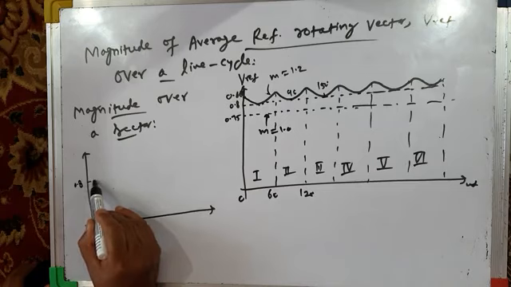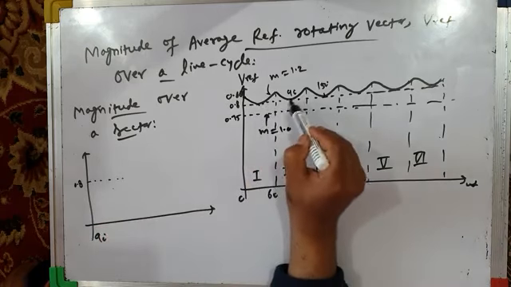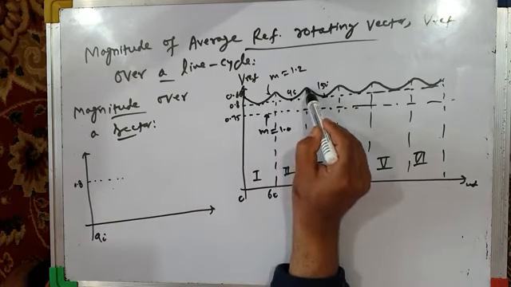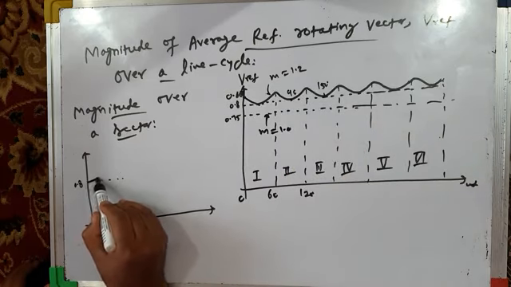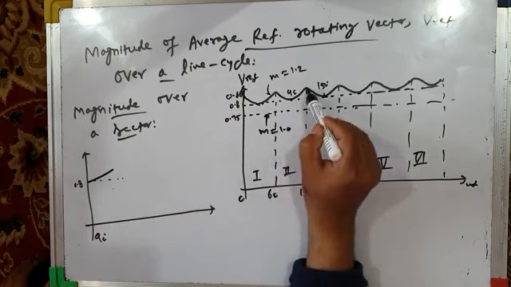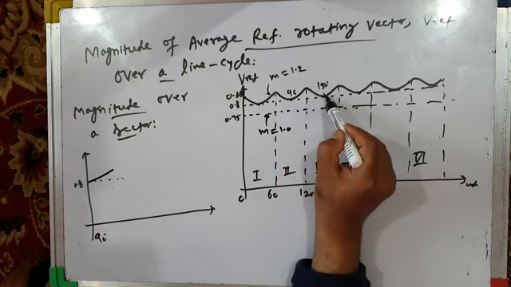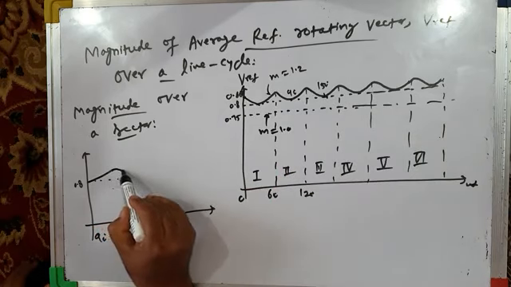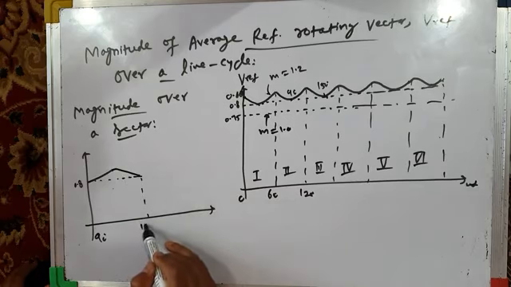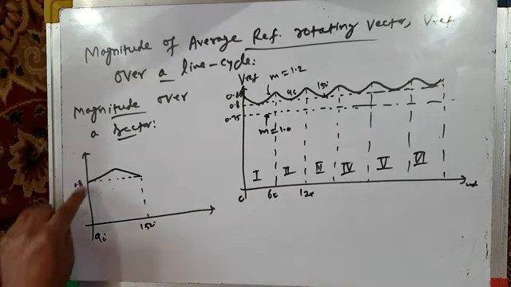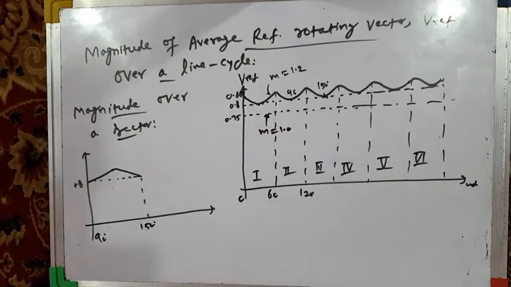As you move from 90 to 120 degrees, it increases. Then from 120 to 150 degrees, it decreases again like this. So this is 150 degrees. This is how its magnitude varies from sector to sector.